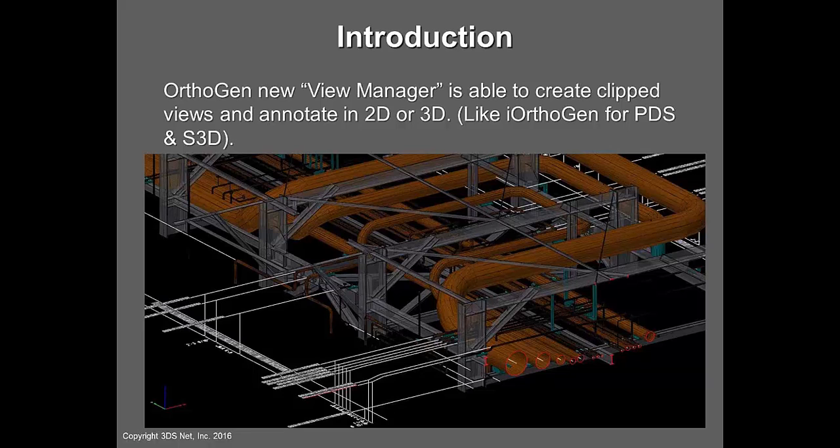Field engineers are able to clip any volume of the plant, look at it from any direction, and add dimensions and annotations to it. So basically it's on-demand GA drawings at a module shop or a yard. I'll show you some of the View Manager today.